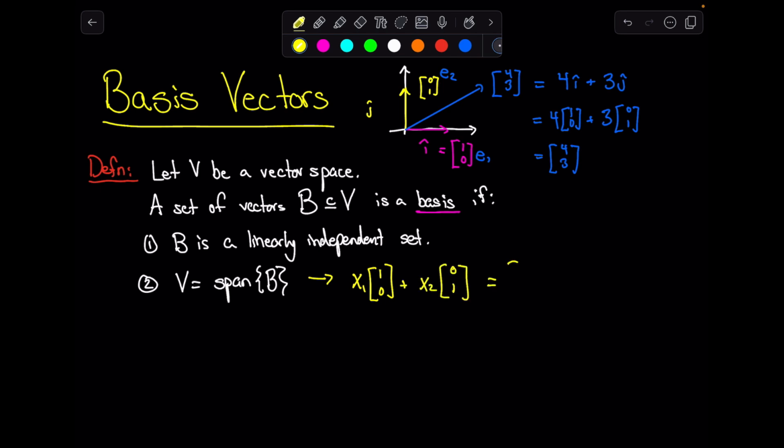Does this span R2? That means the matrix equation Ax = b needs to have a solution for every single input b that we could come up with, and that x, of course, relates to these coefficients.